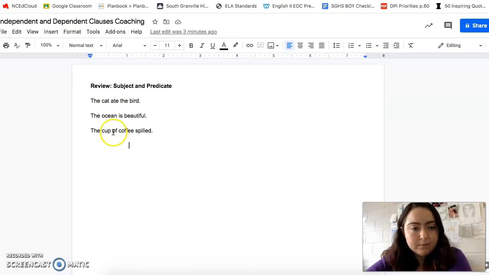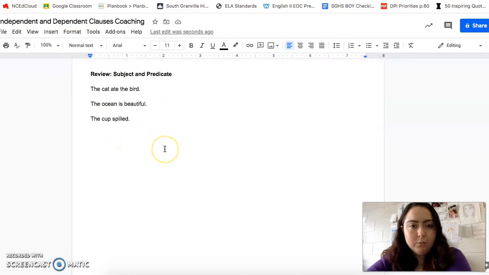How you can tell is if you take this out of the sentence, it still makes sense. The cup spilled. But if I get rid of the cup, then you have of coffee spilled. That doesn't make sense. So you know that of coffee is not the subject of the sentence. Cup is the subject of the sentence. And what did it do? It spilled. So spilled is your predicate.